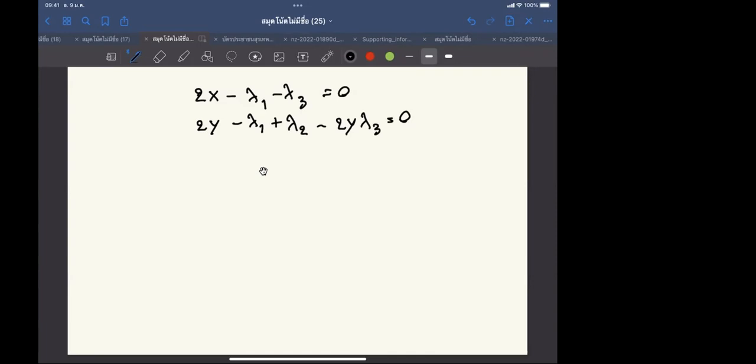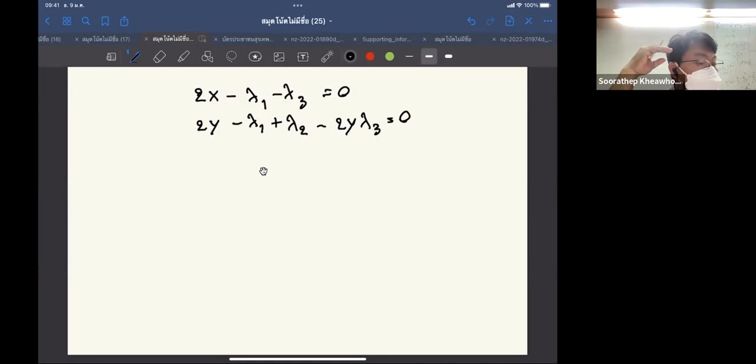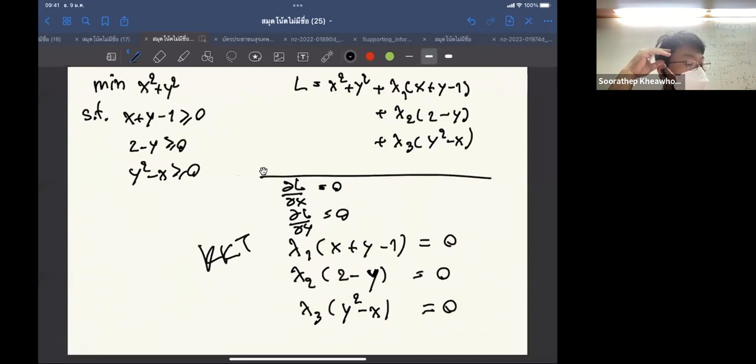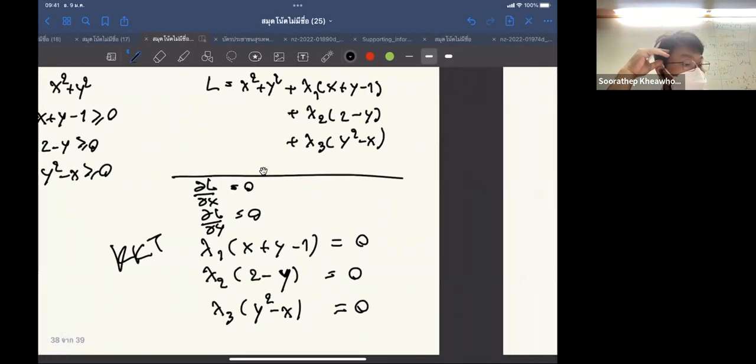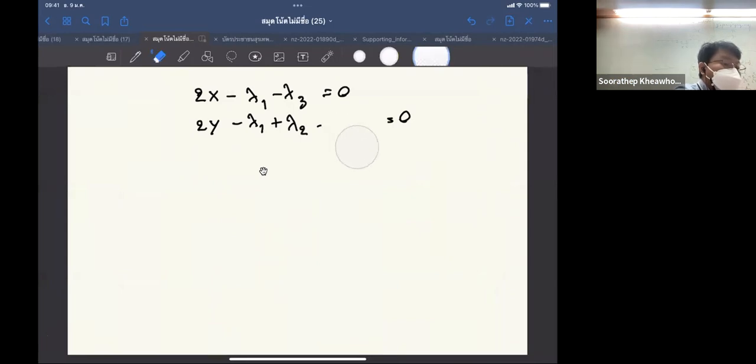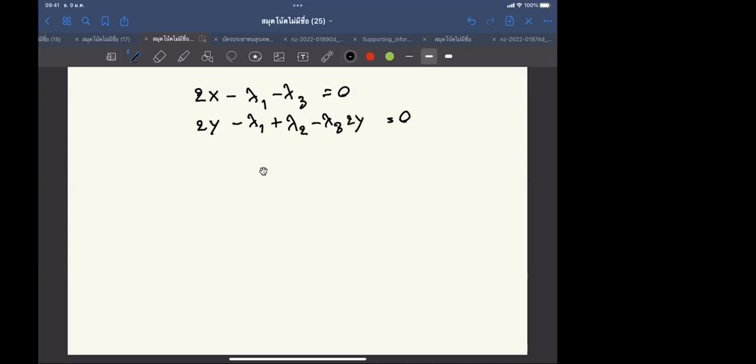No, I think lambda 1 is plus or minus 1. Plus lambda 2 y, one. Lambda 3, no? Lambda 3, we have lambda 3. Lambda 3 is y squared minus x, right? So lambda 3 times 2y.